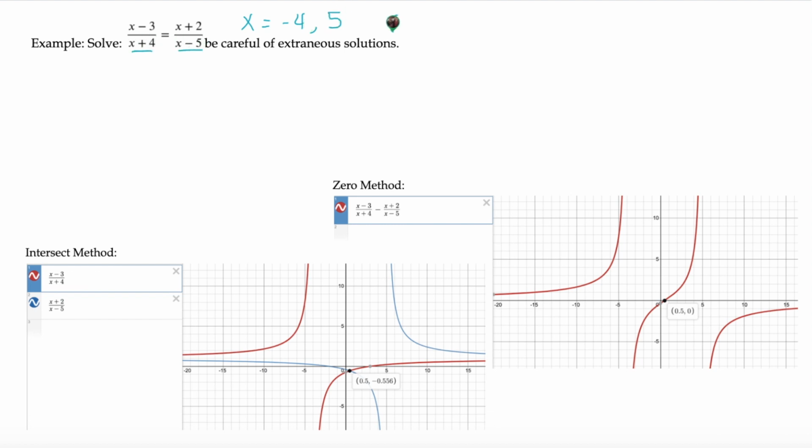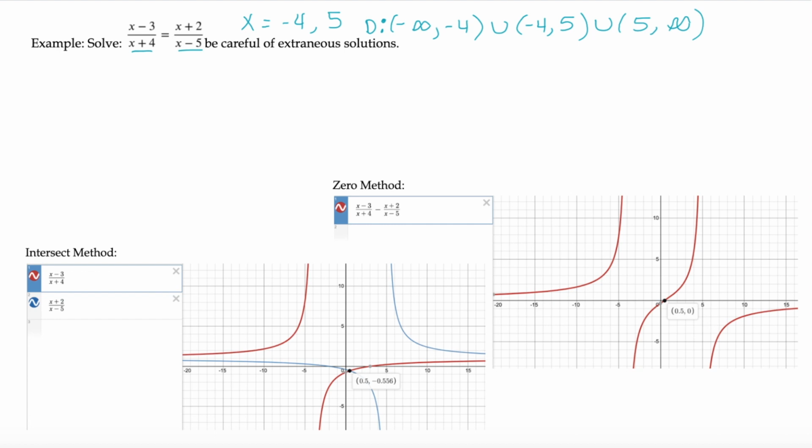So our domain is from -infinity to -4, from -4 to 5, and then from 5 to positive infinity. So as long as our solutions are in our domain, life is great.